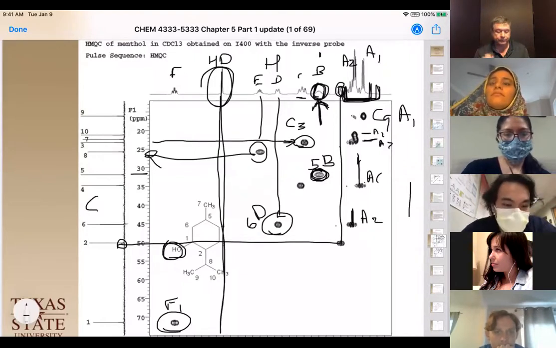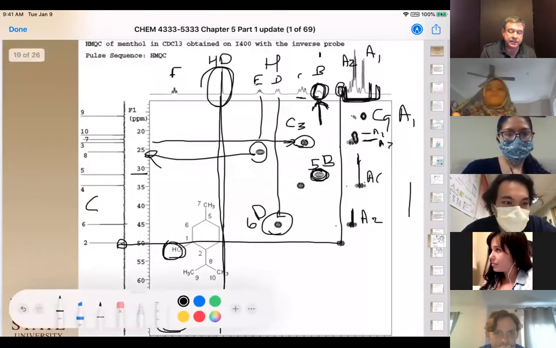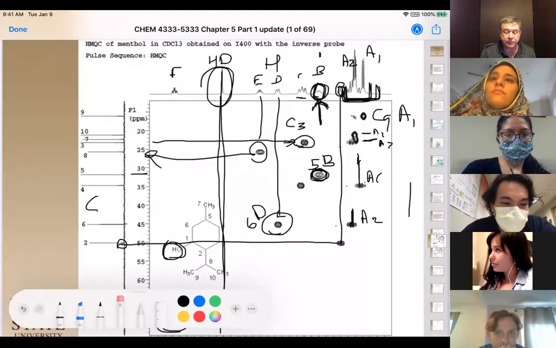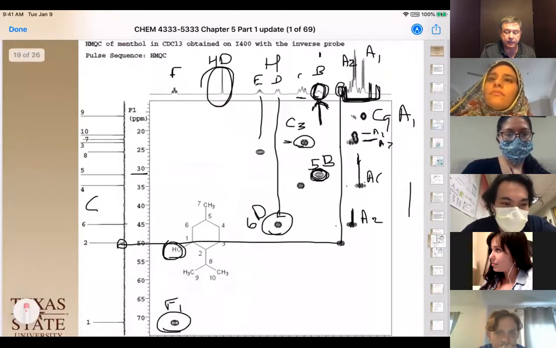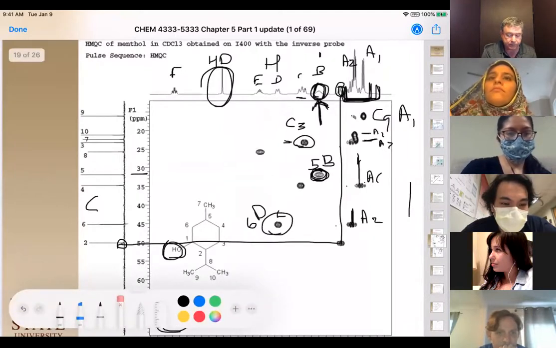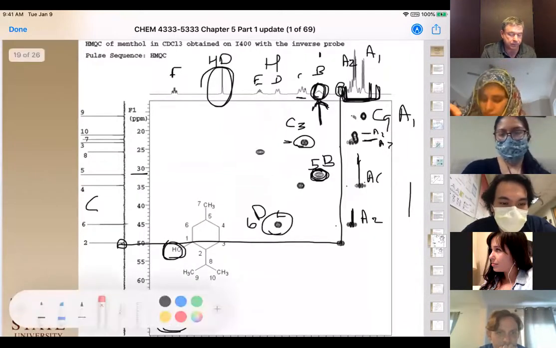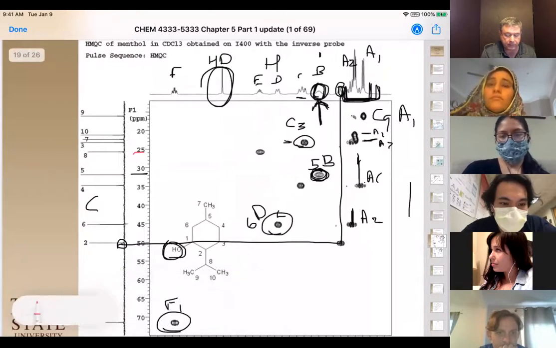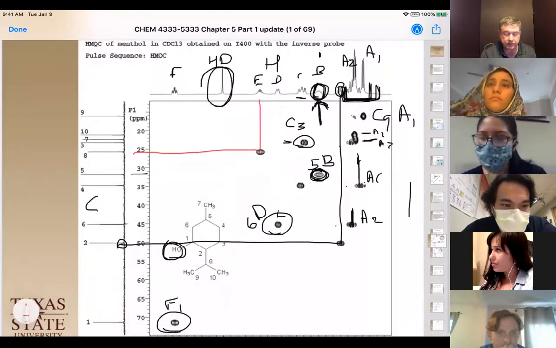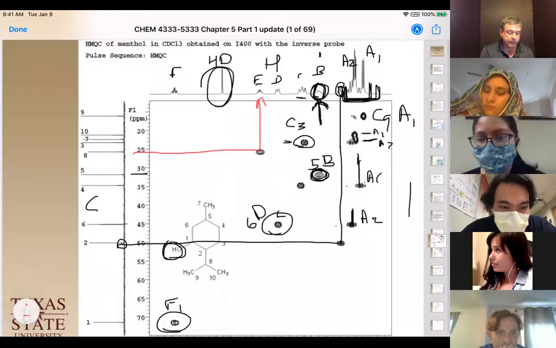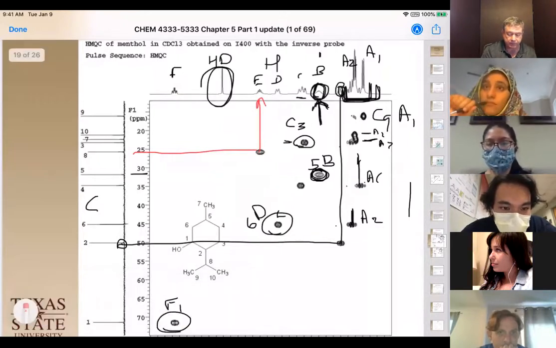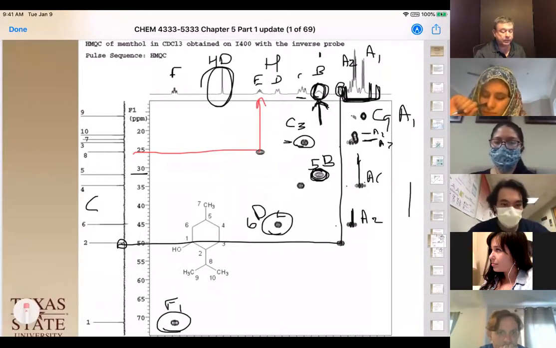Now, do you see how, especially when you have peaks like this, it correlates directly to carbon number 8, which is associated with these hydrogens on E. If we look at the structure, carbon number 8 has 1 hydrogen on it.